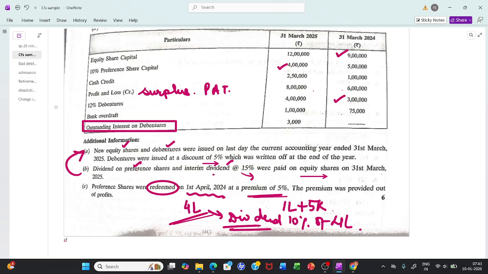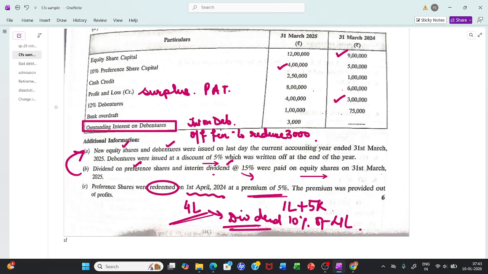Let's understand what is this outstanding interest on debenture. We had to give interest on debenture, but we were not able to give it to some of them. So that means whatever is your interest on debentures, the outflow of financing reduces by 3,000, which we have not paid.